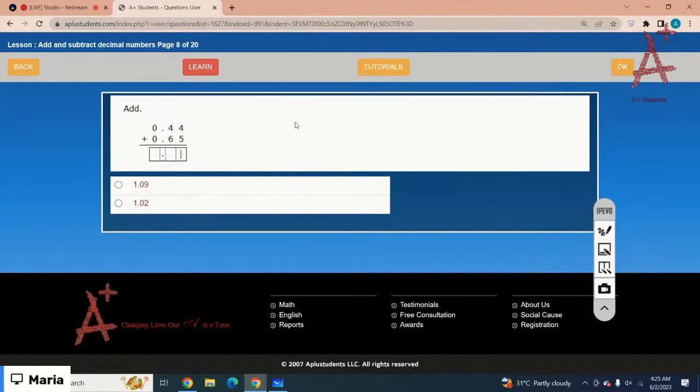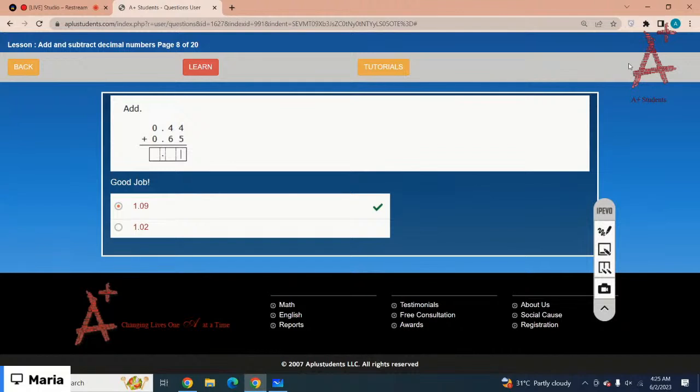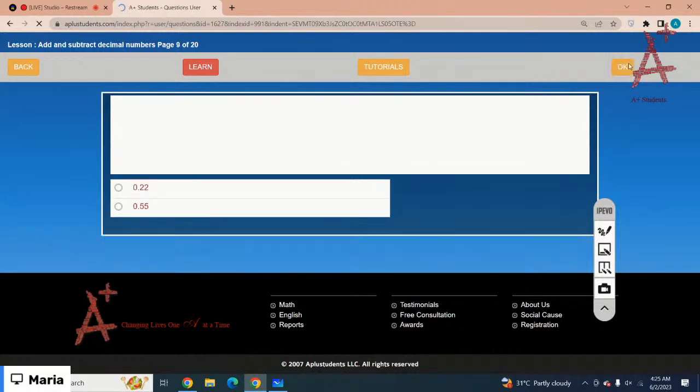That would be 1.09. They are the easiest questions, I think, but still no one is replying. No one is answering. Okay, again subtract. So which is the correct option?